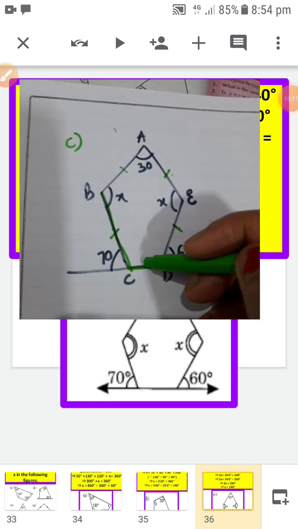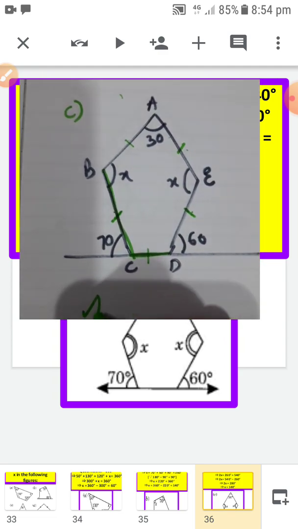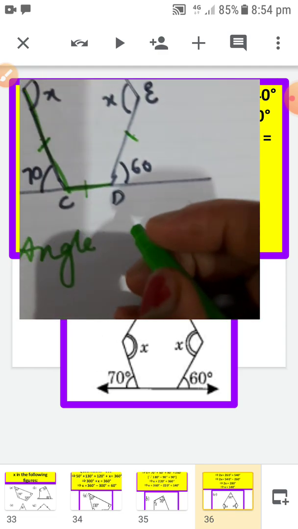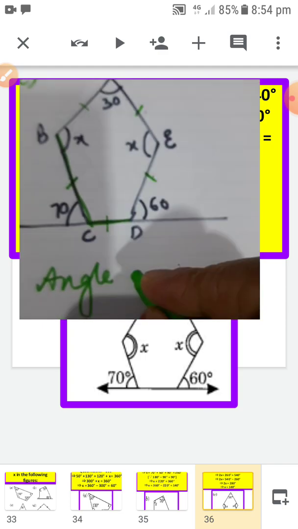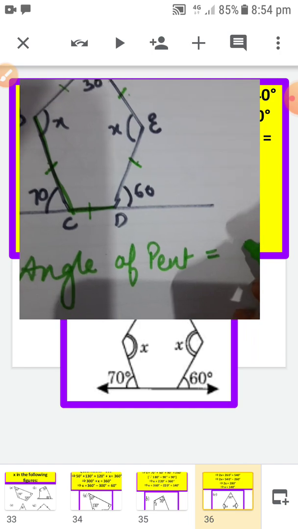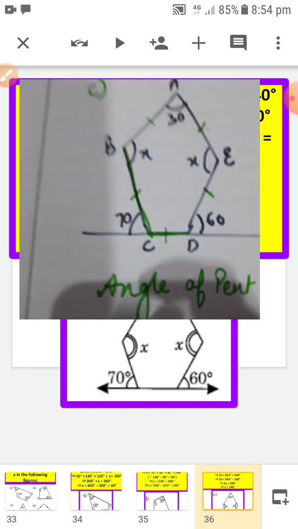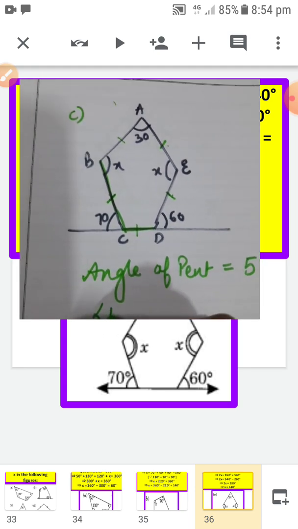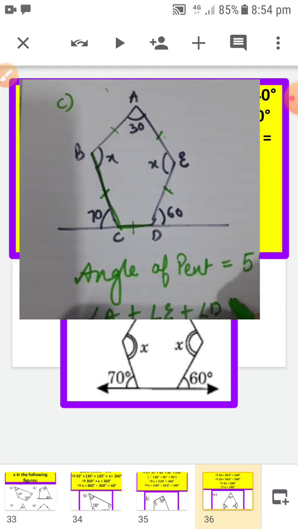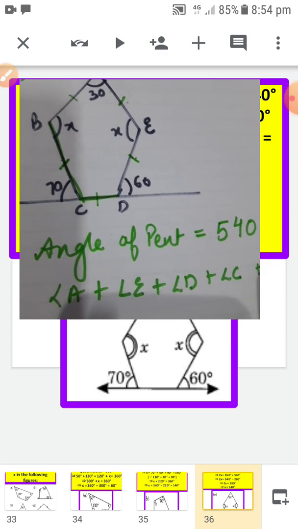So here we have a property, like we have for a quadrilateral, in the same manner you have a pentagon property. So all angles of a pentagon add up to 540. So which angles participate here? Angle A, angle E, angle D, angle C plus angle B, it gives you 540.